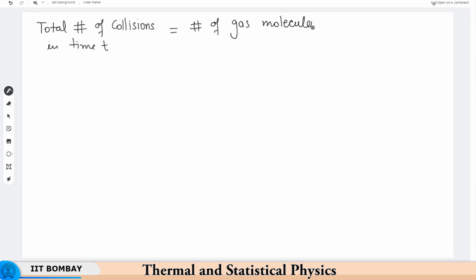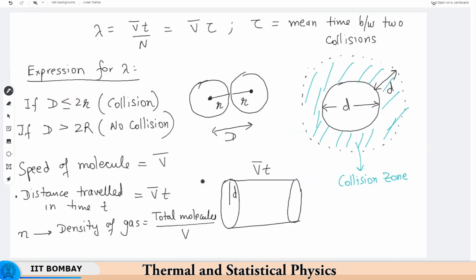I can write, total number of collisions in time t will basically be equal to the number of gas molecules inside the volume of the cylinder, which is basically pi r squared h, right.